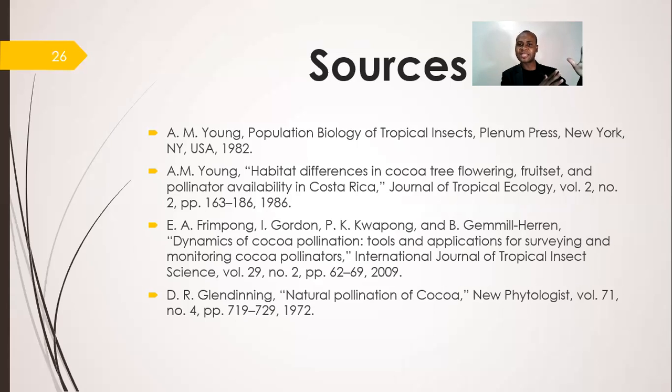But there is another type of stingless bee that is big in size. That one cannot pollinate the farm. So it depends on the stingless bee. You have to check the size of the bees. If they are bigger than 3 millimeters, then they cannot be effective in pollinating the cacao farm.